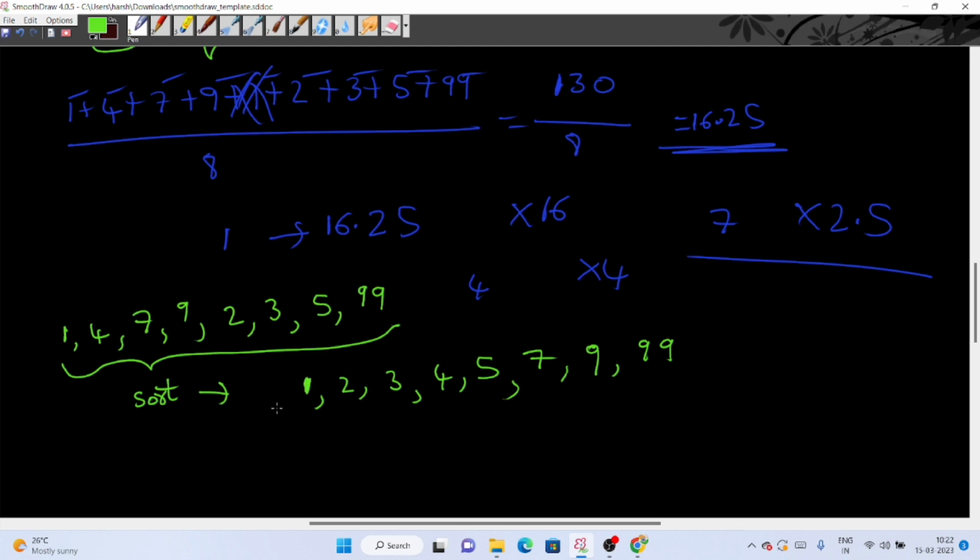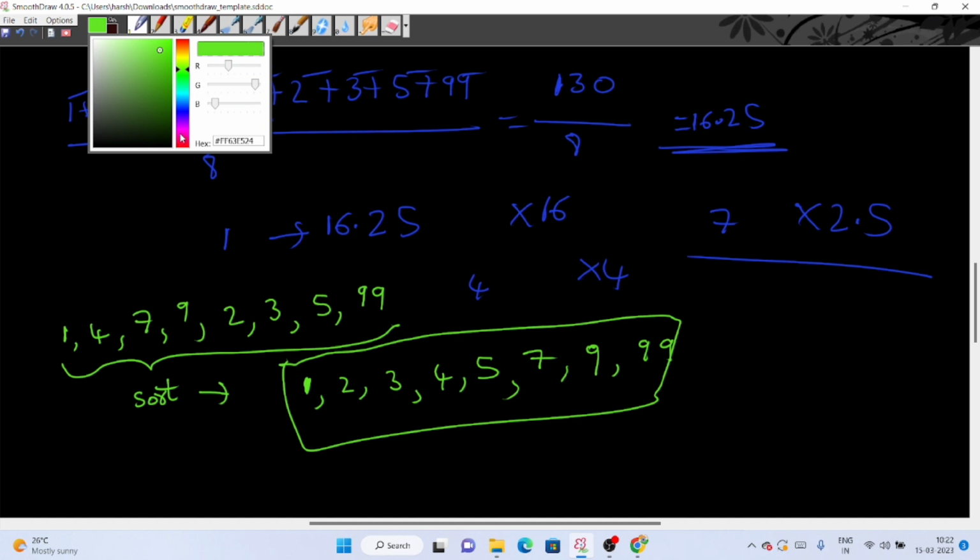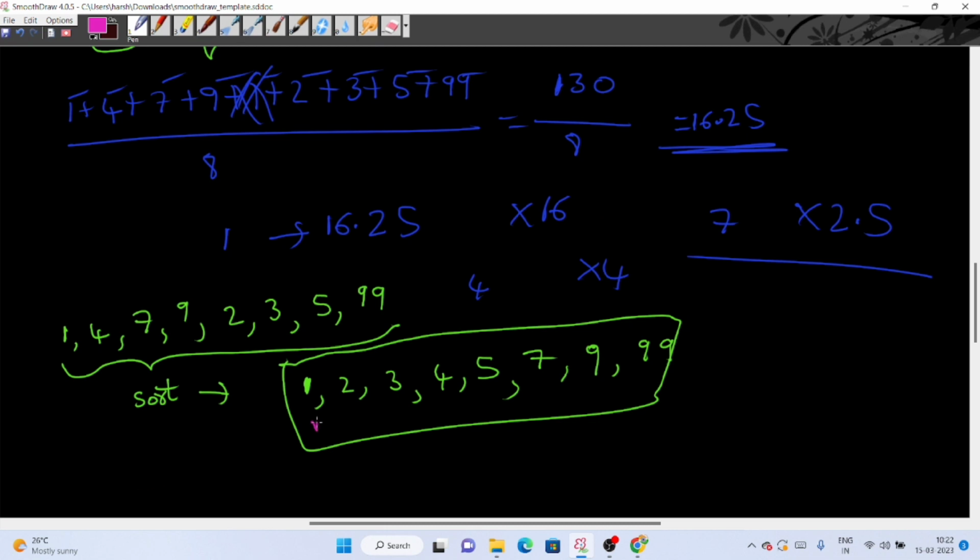Now let us try to find the median of these numbers. But before that, let us give the elements numbers. This is the first element, second, third, fourth, fifth, sixth, seventh, and then eighth. As we can see, we have an even number of elements, that means 8 elements.